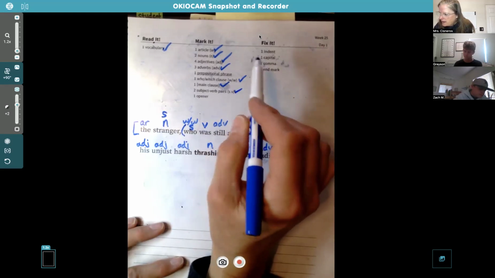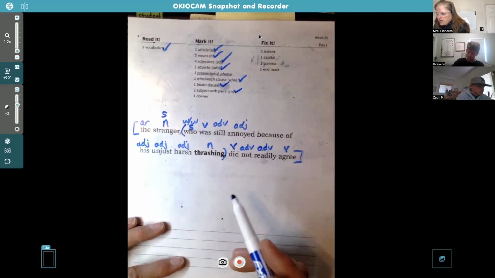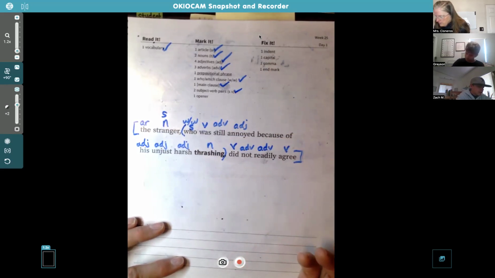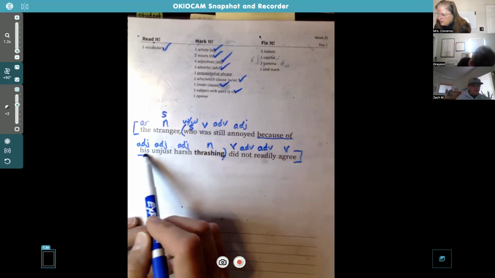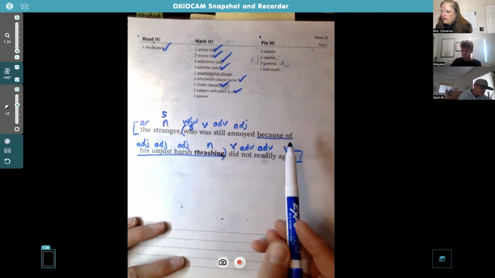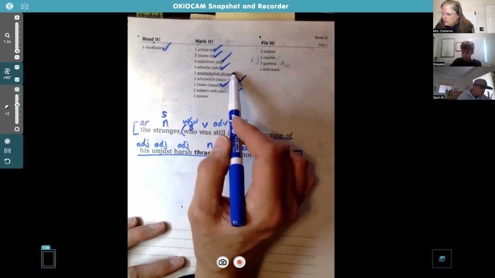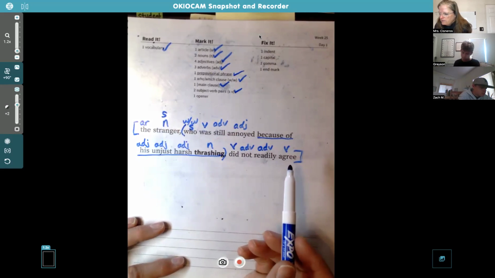All right, so we got that. What about the prepositional phrase, Zach? Because of his unjust, harsh thrashing. Yes, very good. All the way to the noun thrashing. So because of is a preposition. All right. And then the opener, Grayson?